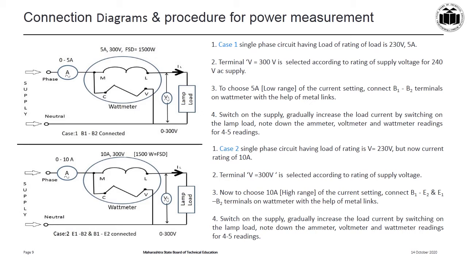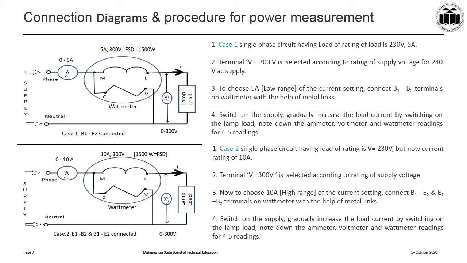A simple example is taken here where two different rating loads are connected in two different circuits. Connection of the wattmeter is done as shown in the circuit diagram. The wattmeter has full scale deflection of 1500 watt marked on it. In case 1, the load is rated for 5 ampere and has a voltage rating of 240 volts.